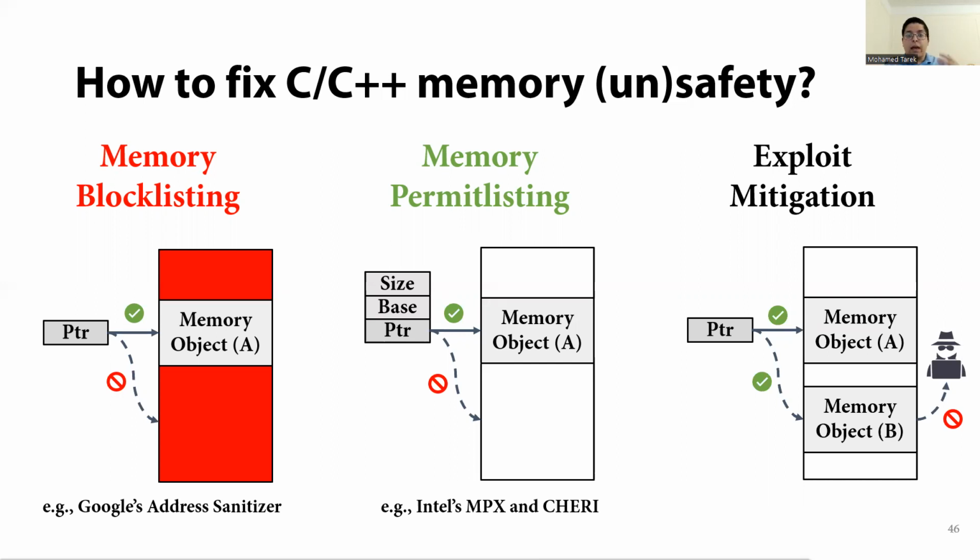In other words, exploit mitigations mainly prevent the second step of the attack by only protecting valuable program assets. As a result, exploit mitigations typically come with very low performance overheads, making them more promising for real-world deployment, such as ARM's pointer authentication or PAC, which is available on current iPhones.